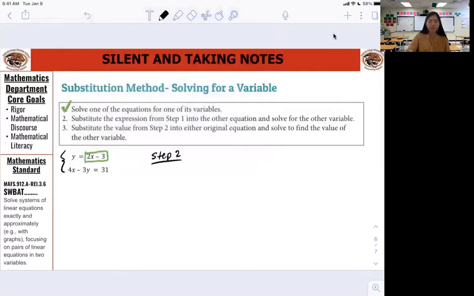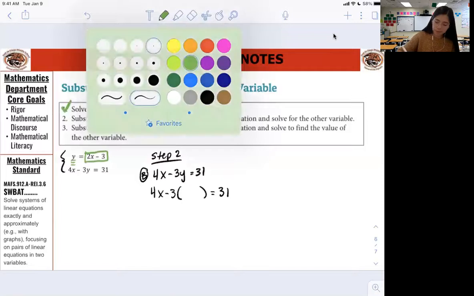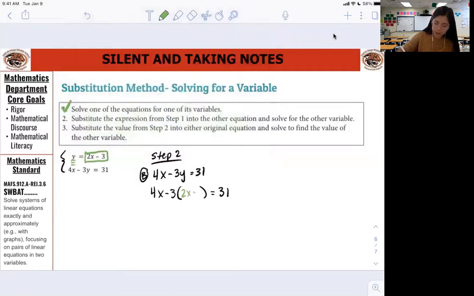Step 2, I'm going to take 2x minus 3 and I'm going to plug it into equation B. I will be plugging it in for y, because that's the variable that we have isolated. Okay, so I have 2x minus 3.